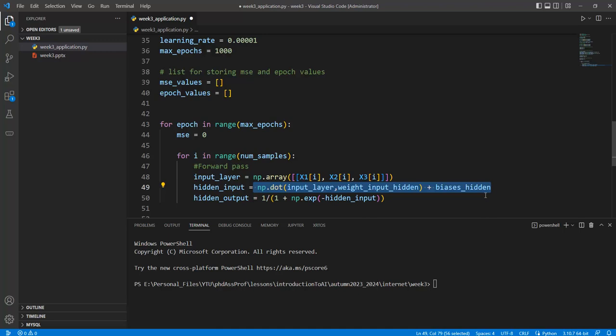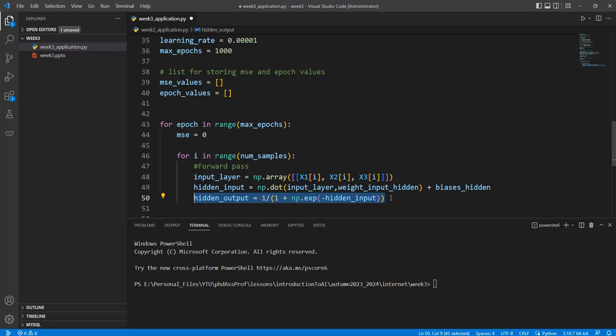Okay. In the previous example we had 1 divided by 1 plus exponential with open and close parentheses, but this is the hyperplane, this is the sigmoid function. Okay.